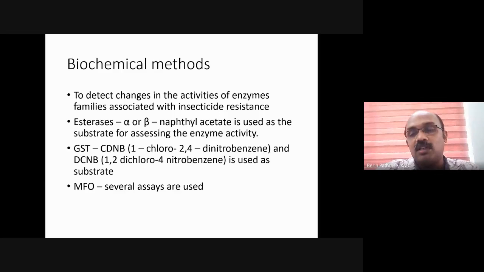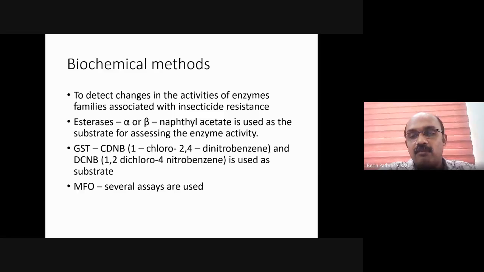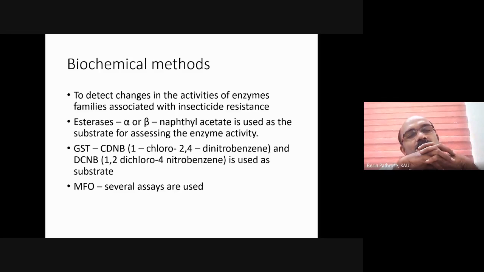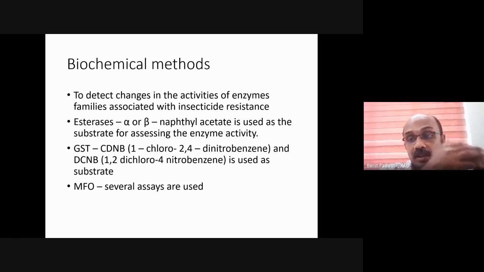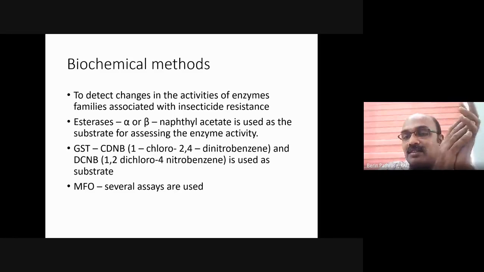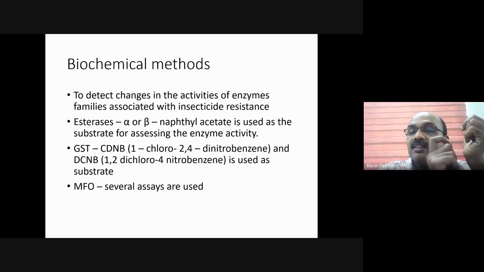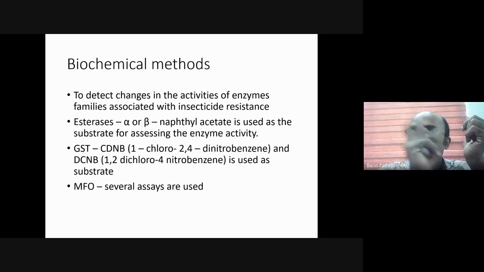So in Lowry's method, what we will do is again we will take insect protein, and we will have a reagent for protein estimation. I forgot the name of it. Once we mix that, it will develop a light blue color, and once the blue color is developed, we can read it in a spectrophotometer at that particular wavelength. So that's what we do here also.